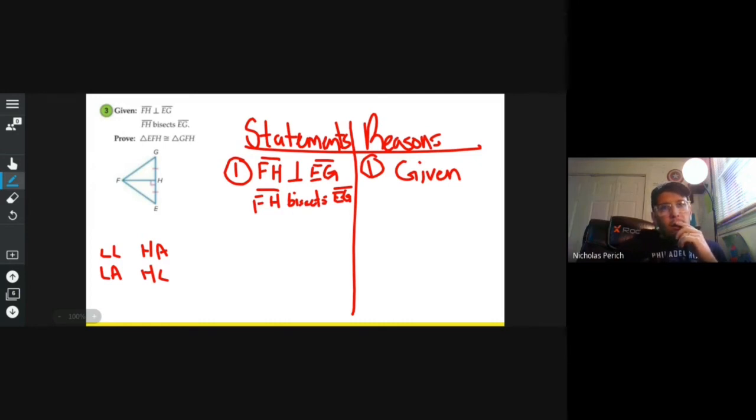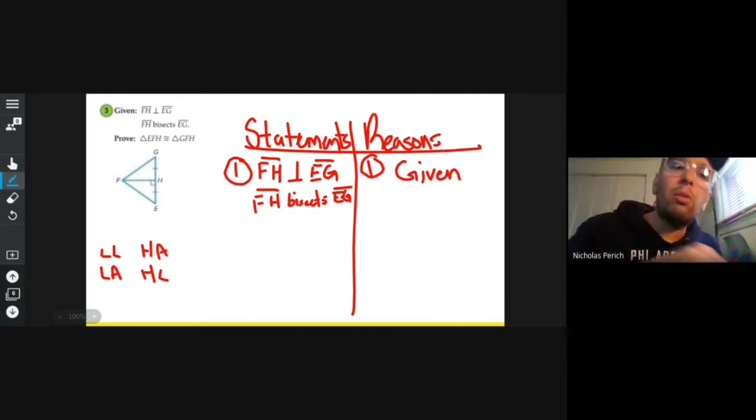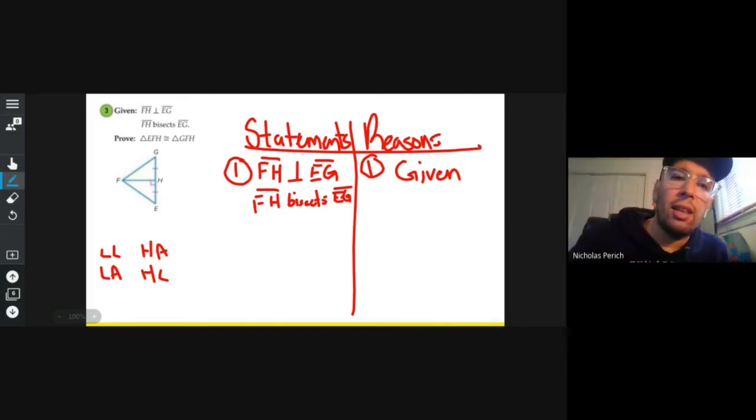FH is congruent to EG. So that's what gives us the right angle. So we have to say that. Or it's perpendicular. I keep saying that.